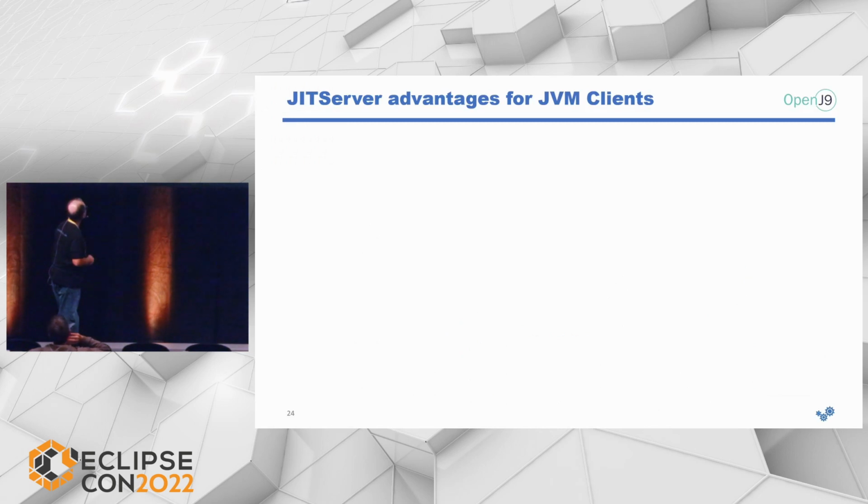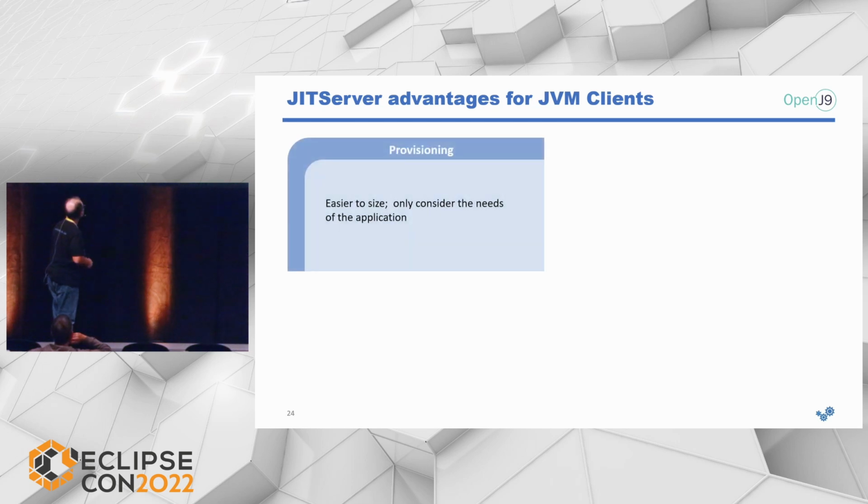So let's talk a little bit about the technology itself. From the perspective of the client accessing this new JITServer or Xamaru Cloud Compiler, for provisioning, it's a lot easier. We just worry about the application now. We don't have to worry about the spikes or handling what the JIT compiler is going to take from us.